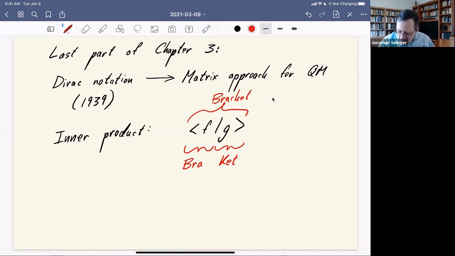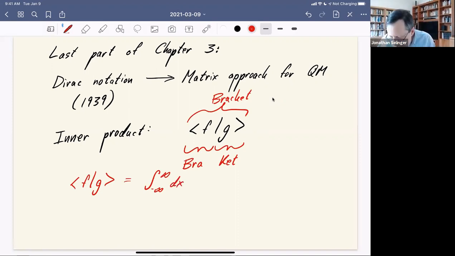So we are going to think about bras and kets now, and let me show you how you could think about them as separate objects, apart from having them together. So you know that the whole combined object is this f g inner product, which is the integral, maybe I'll put the dx in the front.